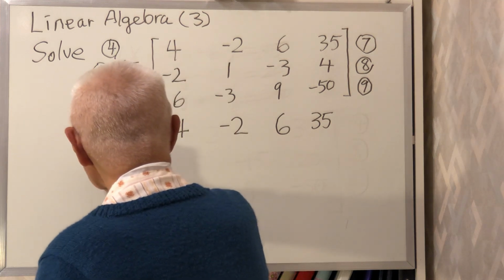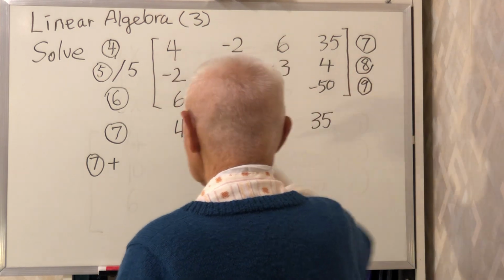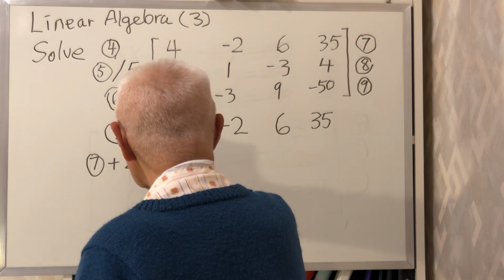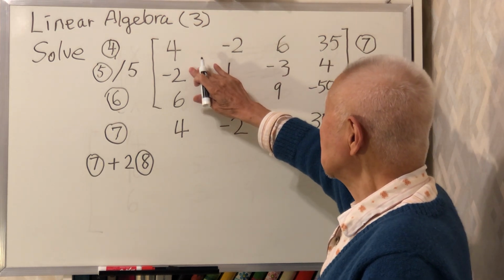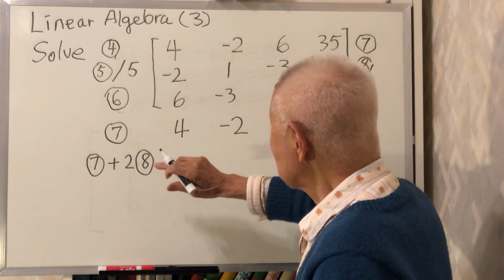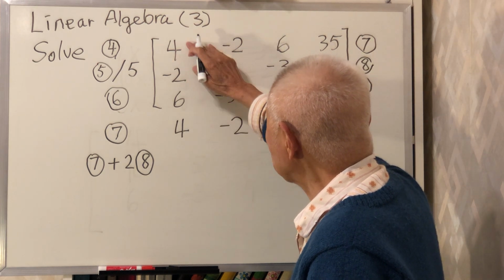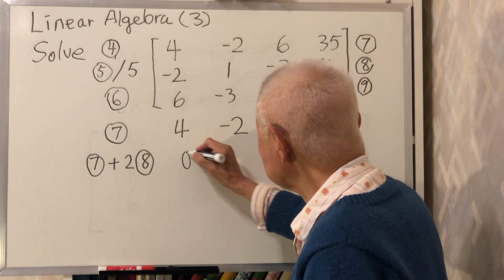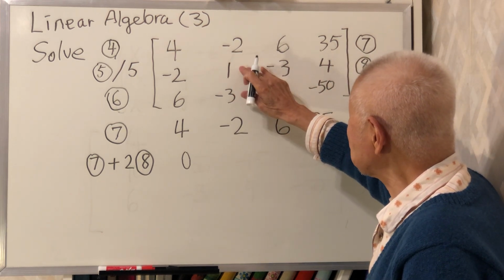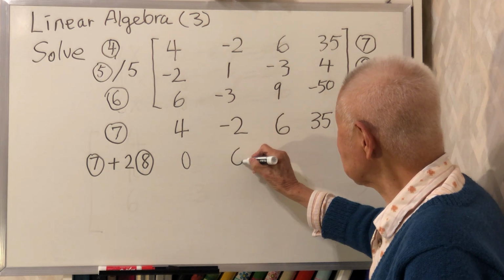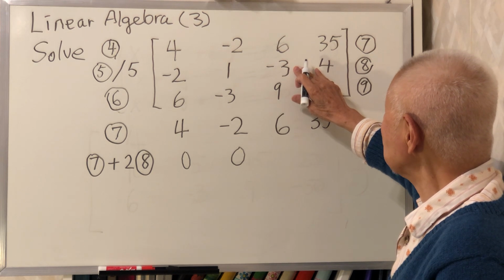Row 7 plus 2 times row 8. 2 times negative 2 is negative 4, and I add this to this, negative 4 and 4, I get 0. 2 times this is 2, and add this 2 to negative 2, I get 0. 2 times negative 3, I have negative 6.